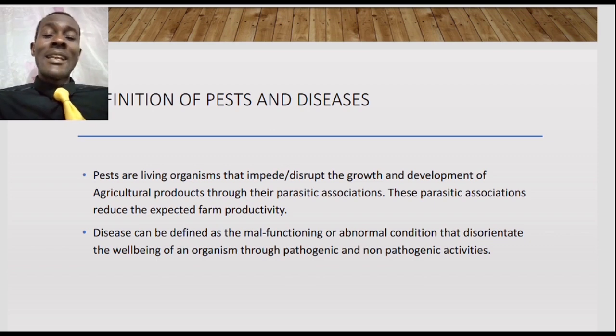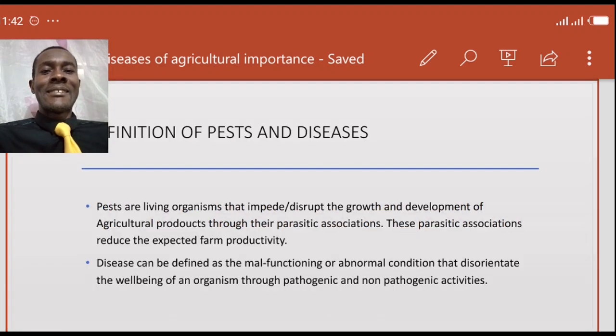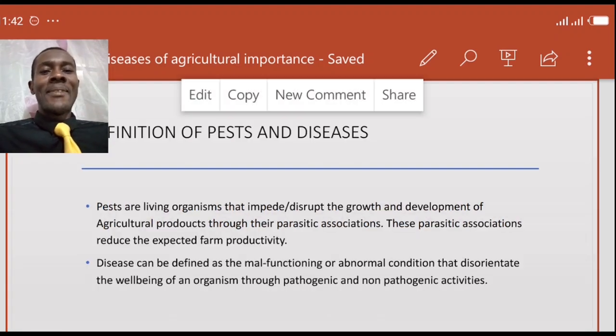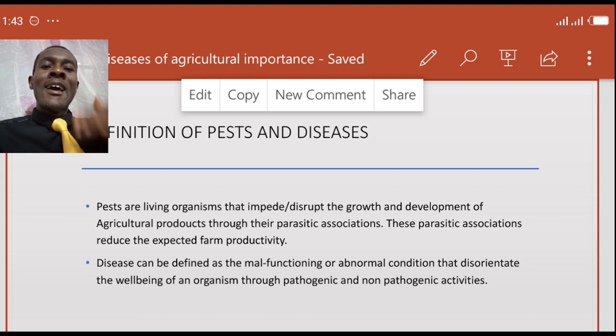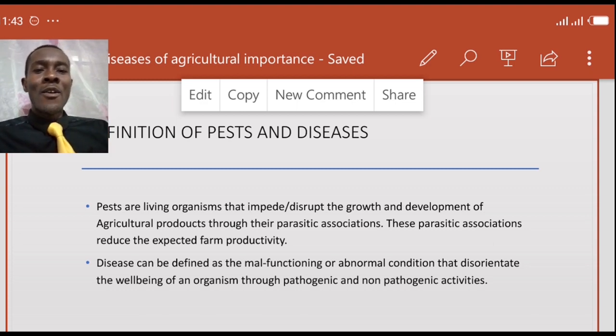Even mutation, which on the disadvantaged aspect can harm an organism, as an organism can suffer albinism. That is a non-pathogenic dimension of disease as well. So that gives us the definition of disease, but our main focus will be based on the pests themselves. Subsequently in our classes, we are going to be dealing with diseases of crops and farm animals.